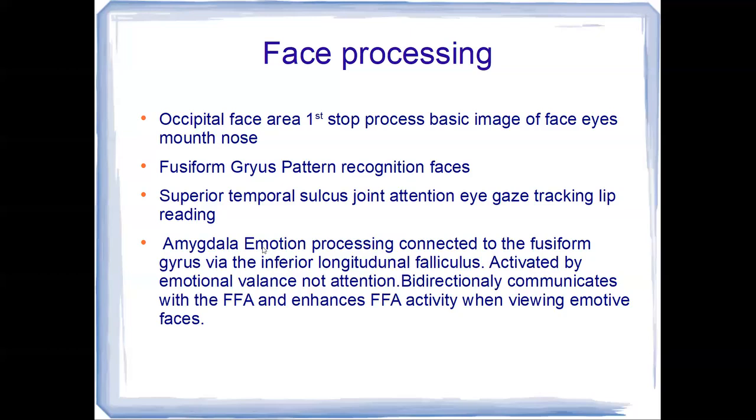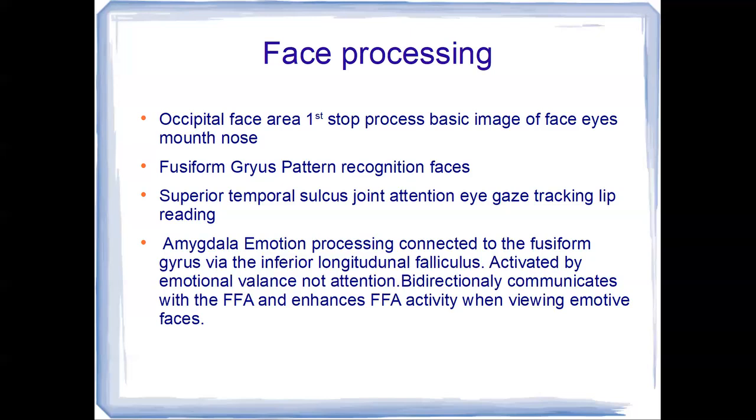interesting because it's not that they're processing separate things. They're processing the same thing at the same time, and that bidirectional communication seems to give rise to processing the emotional valence of faces.